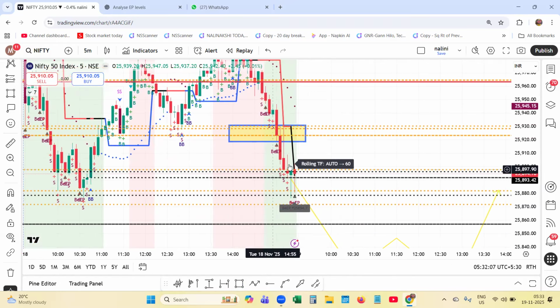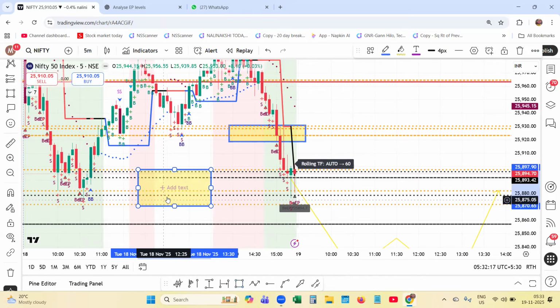Now it has entered into a layer here. The market entered into the cluster of PE as well as CE. They are intraday. That's why the market rallied previously around 10:30 when it came down to this area.